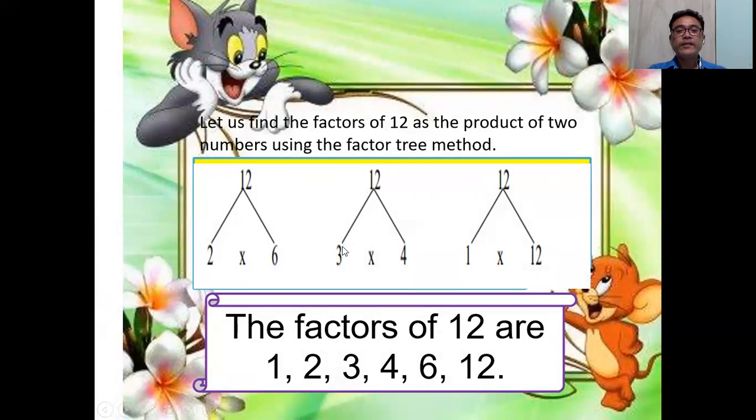Another one, factors 3 and 4, and we also have 1 and 12. The factors of 12, as I said, you have to write it from least to greatest. We have here 1, 2, 3, 4, 6, and 12.